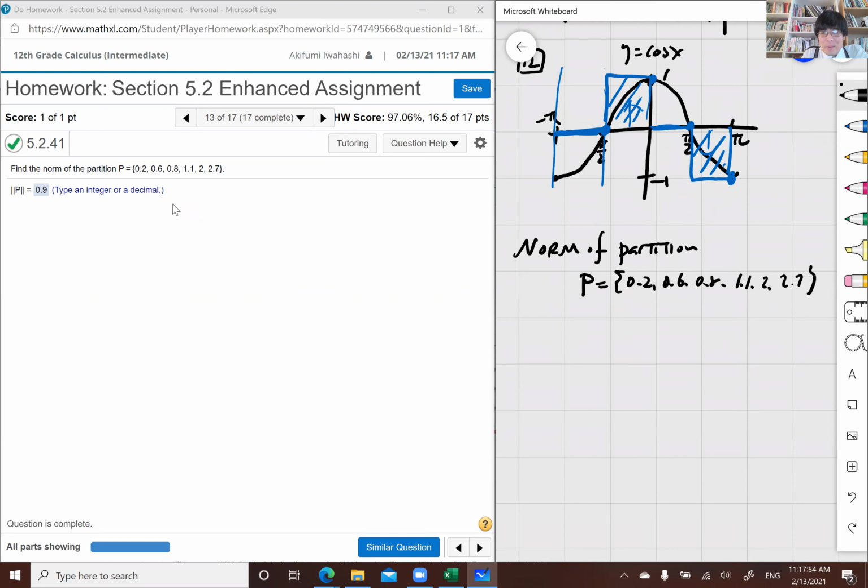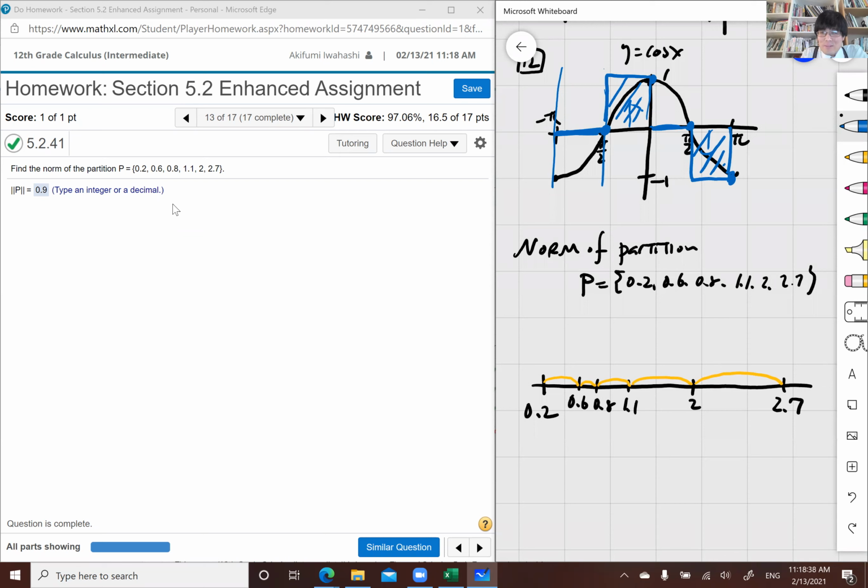So you are splitting the interval starting with 0.2 and 2.7, and in between you have 0.6, 0.8, 1.1, and 2. The norm of the partition is basically the maximum distance between 2 consecutive points. So you are checking the distance here, here, here, here, and here, and you want to pick the largest distance you have.